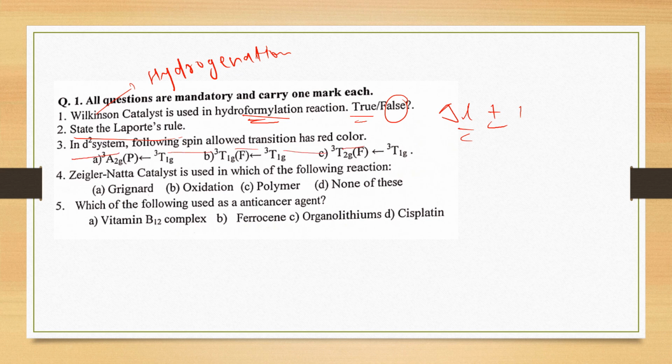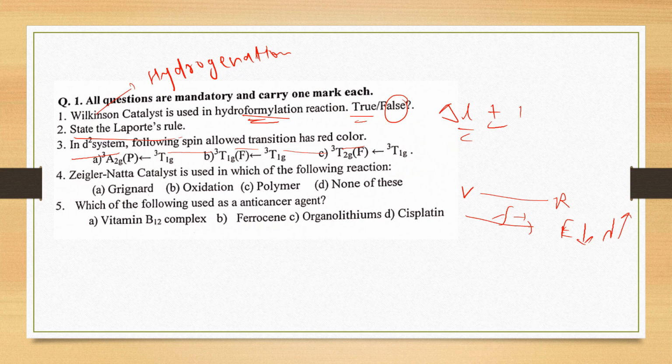Red color means wavelength is increasing, so lambda increasing and energy is decreasing. So we have to find out where the lowest energy is required for the transition.